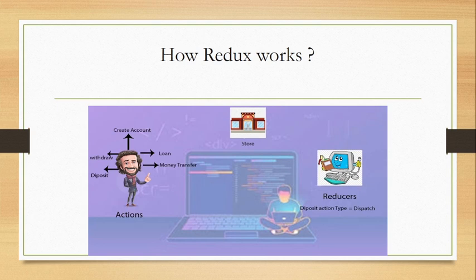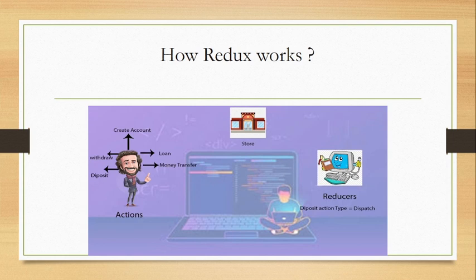Here, I try to explain a banking system application. In the banking system application, it has many steps. First is create account. Second is money transfer. Third is loan. Fourth is deposit. And last is withdraw money.